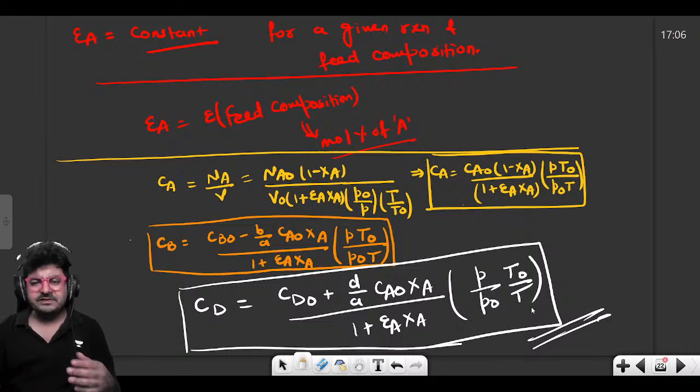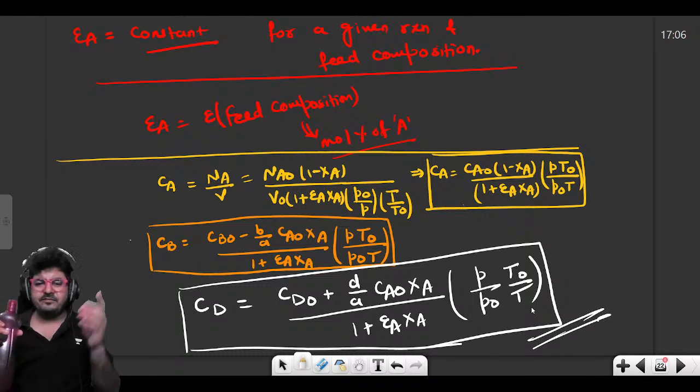Got it? Same for CC. So in general, you can write these. And if temperature pressure are constant, तो वो सिर्फ left one first part बचेगा.